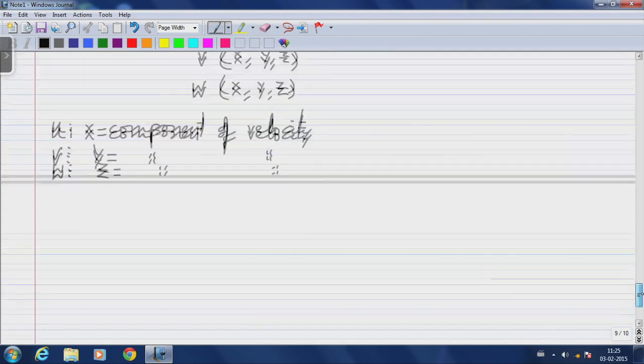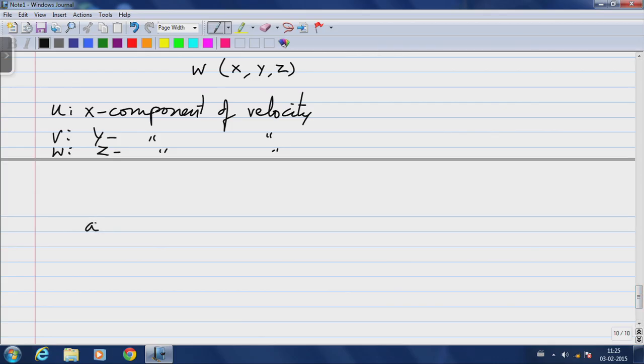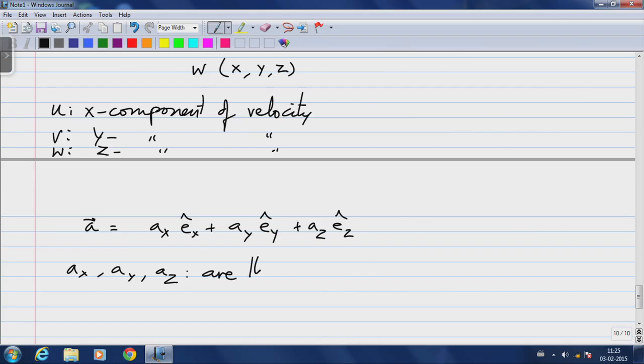So, if we generalize acceleration, which I will write as ax ex plus ay ey plus az ez, where ax, ay, az are the local accelerations. So, this is different from instantaneous accelerations.